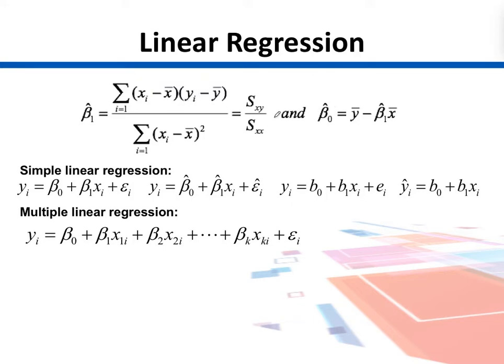That is also known as the cross product, sum over x times y, divided by the sum of (x_i minus x bar) squared. That is the sum of the squared deviations for x, represented as S_xx. We can calculate the intercept, beta naught hat, which is equal to y bar minus beta 1 hat times x bar.